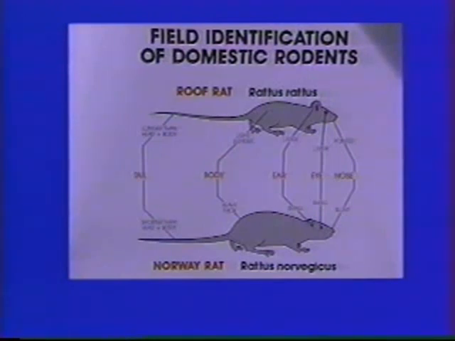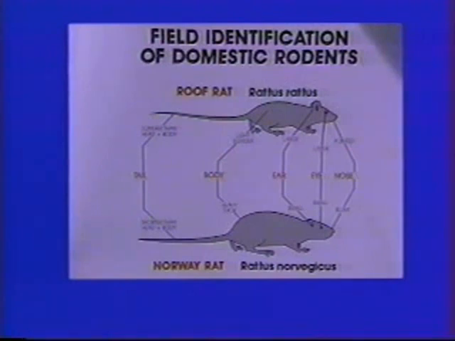If you've ever had any rats in your house, or you're going out to service some of these, you need to be able to tell the distinguishing marks between the two. A lot of times you can tell by their footprints. Another thing you can tell by is the fecal pellets that they drop.